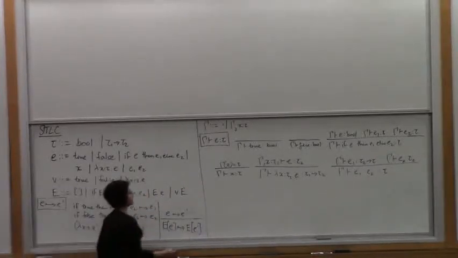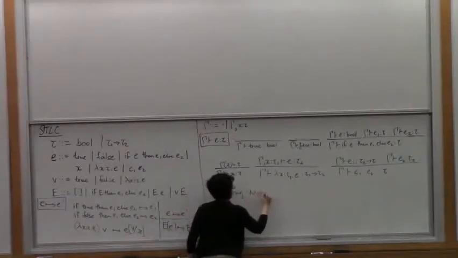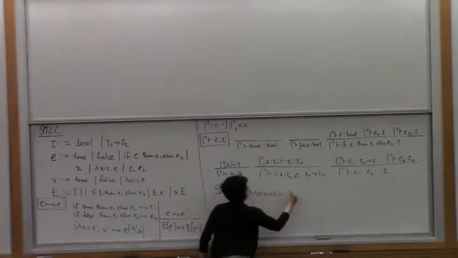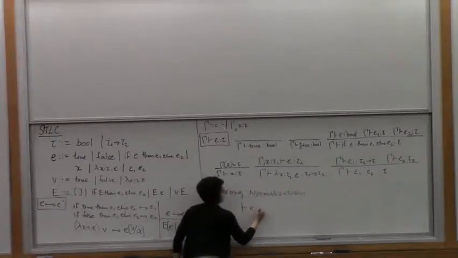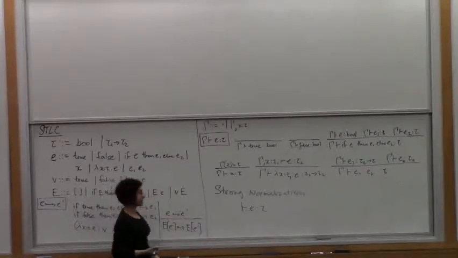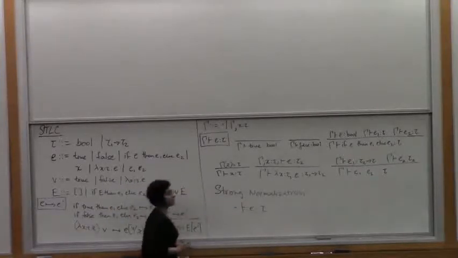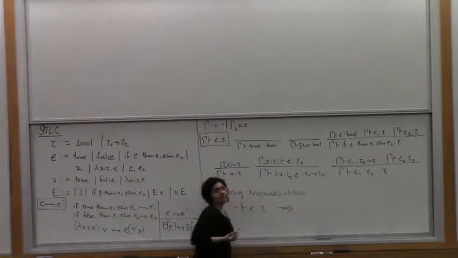So what do we want to do? We want to prove strong normalization. What is strong normalization? It is the property that if some expression E has type tau using these typing rules, and let me put an empty context here, then E terminates.